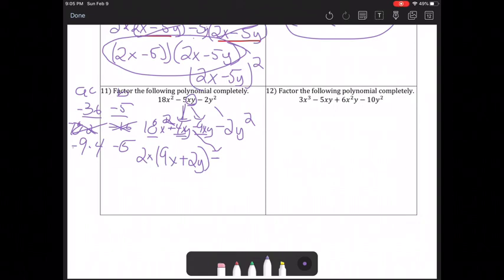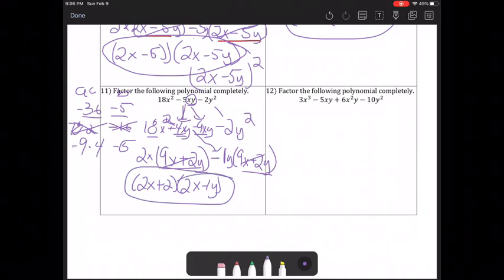The only thing that they have in common is actually a -1, and they also have a y in common. So -1 goes into -9, it's going to be +9. The y is factored out, so that's no longer there. -1 goes into -2, +2 times with a y. So 9x plus 2y, 2x minus 1y, or 2x minus y.